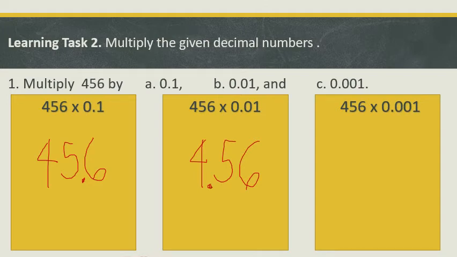And the next, 456 times 1,000. So, sulat ulit natin yung 456. Okay? So, ilan ang decimal place ng 1,000? So, 1, 2, 3. So, tatlo. So, simula ulit tayo dito kasi walang decimal point. So, 1, 2, 3. So, dito na yung ating decimal point.